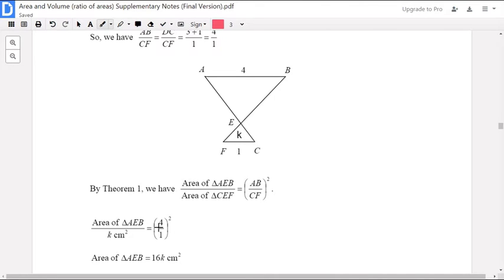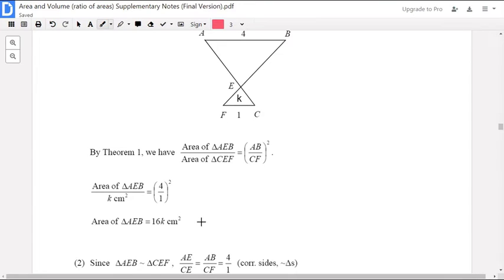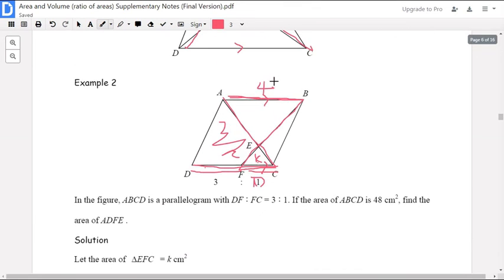Taking square, you have 16, and the area of triangle AEB must be 16K. This is K, and this is 16K.